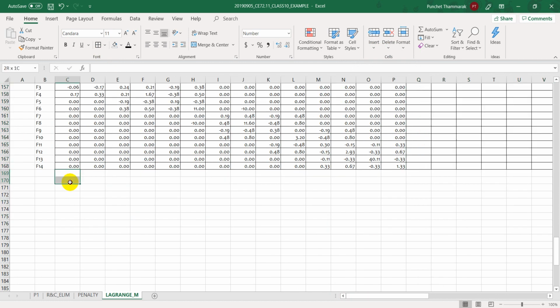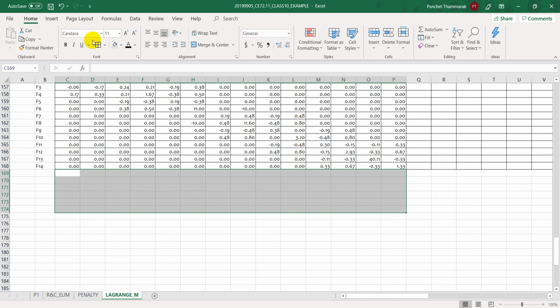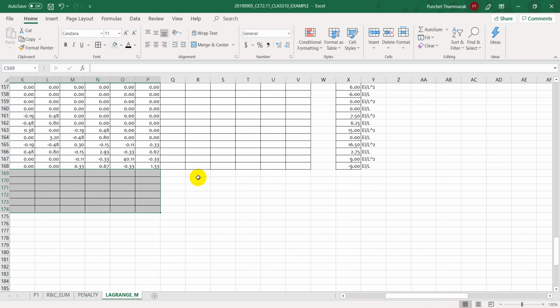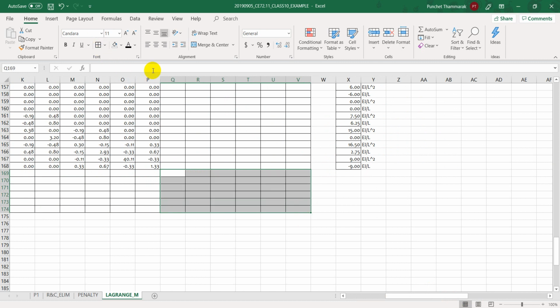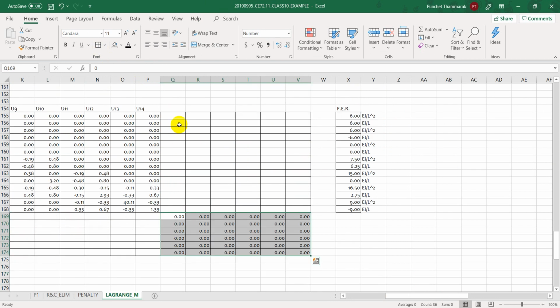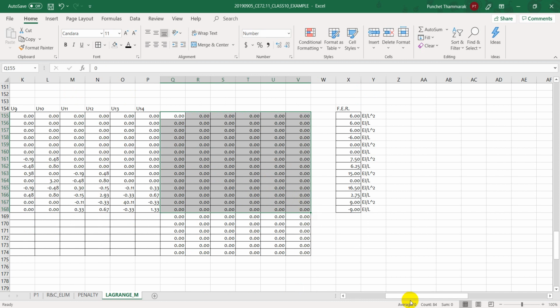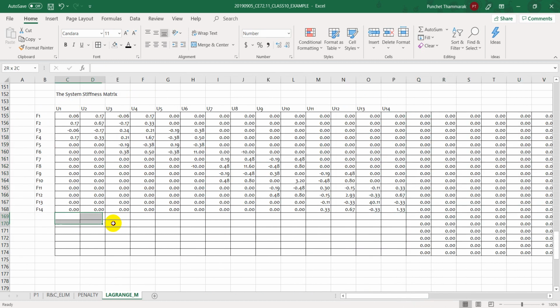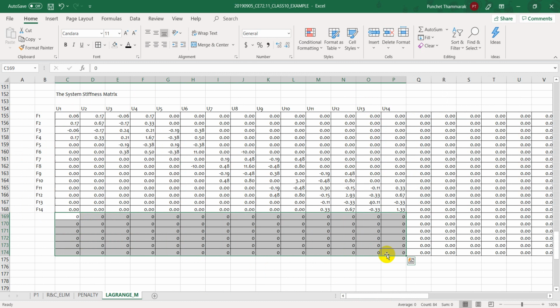This side, 1, 2, 3, 4, 5, 6. Everything in here should be 0. Also here, pre-zero it. And over here, we are going to pre-zero as well.